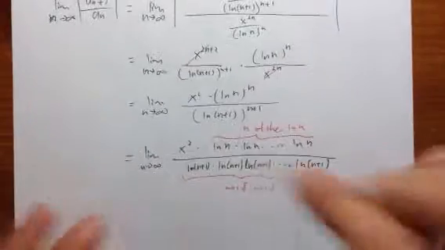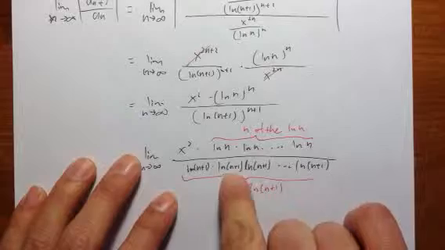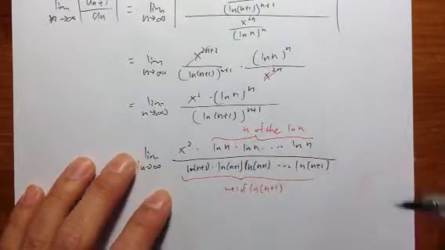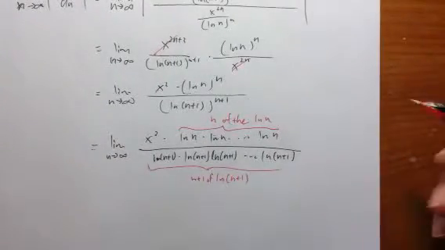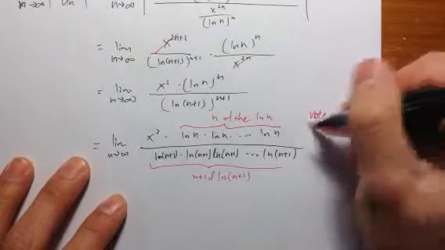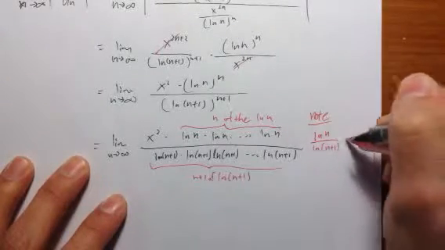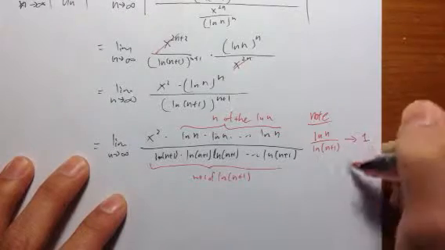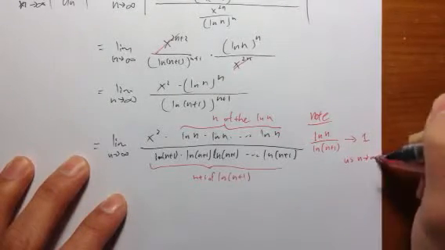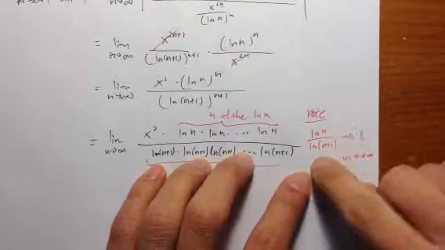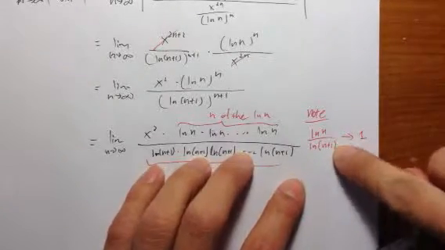Let's take a look at ln n over ln(n+1). Each of these actually goes to 1 as n goes to infinity. Notice that ln n over ln(n+1) goes to 1 as n goes to infinity, because they are just off by the 1.